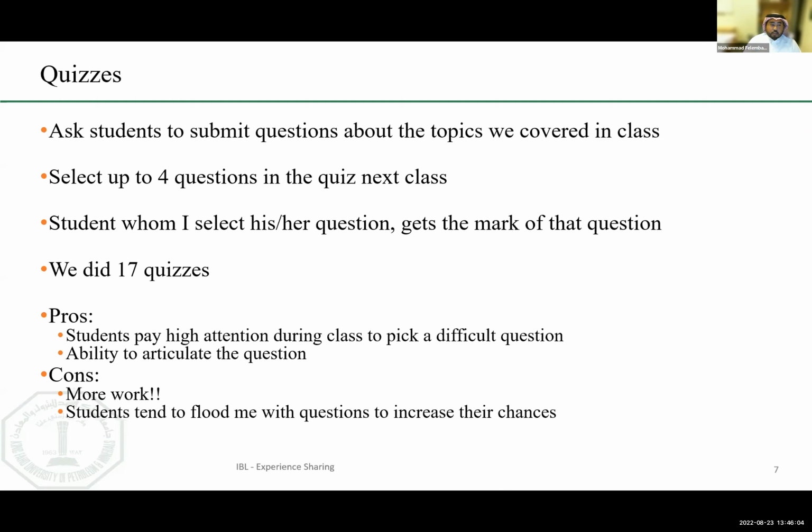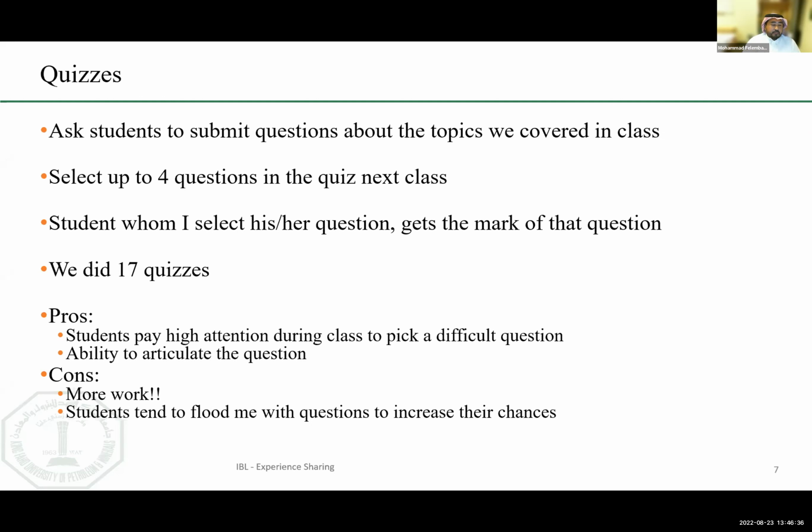The cons are it's more work, obviously, because I have to filter and read and make sure that the questions are appropriate, and I would do that every day, 4 days a week. But then I found a way to streamline the process, because the students learned the trick where they flood me with so many questions to increase their chances of getting one of their questions picked.